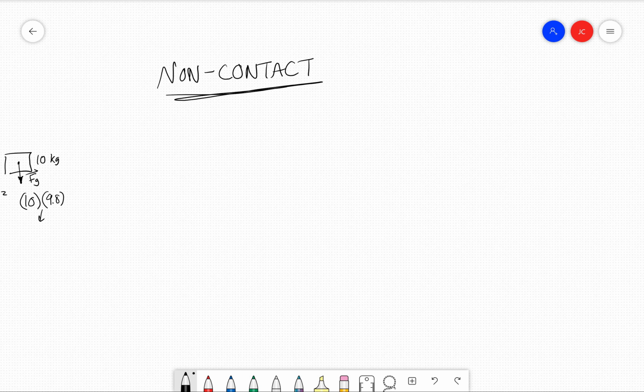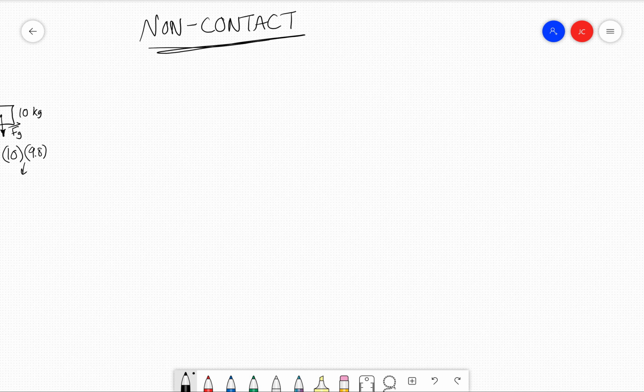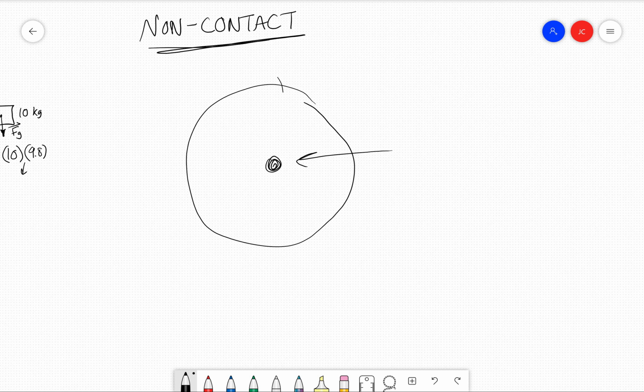In fact, gravity works using a force field. The center of the Earth literally just exerts this force in all directions around the Earth, and you could be over here on the Earth, or you could be over here on the Earth, and it doesn't matter.